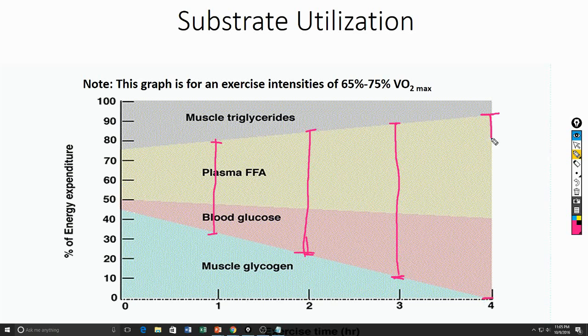Muscle triglycerides are basically diminished. So now, the amount of substrate needing to come from circulating factors, be that glucose or fatty acids, is 90-ish%, whereas initially it was what, 25%? 30%, something like that.